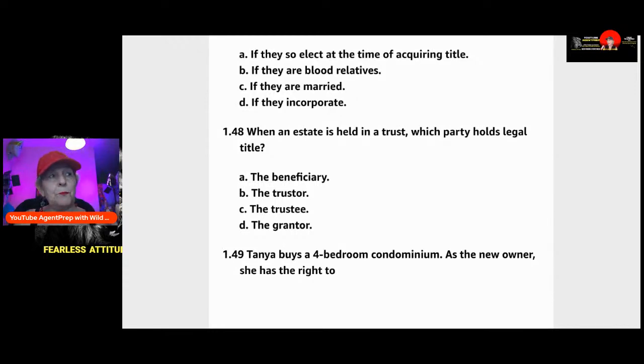So if you missed this one, go back and review beneficiary, trustor, trustee, grantor. And when there is an estate, meaning you have an interest in real property, who holds the legal title when it's a trust?